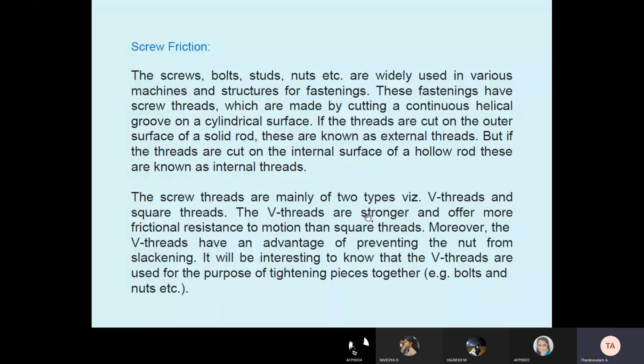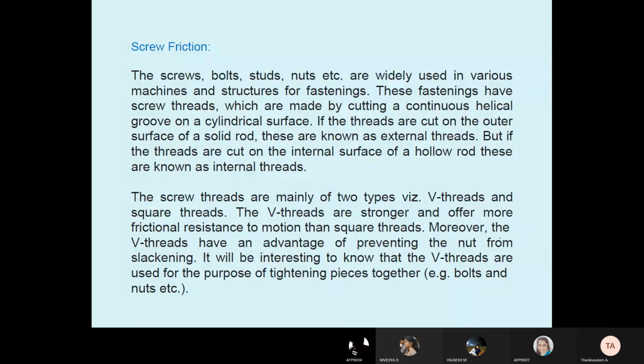The V threads are stronger and offer more friction resistance to motion than square threads. Moreover, the V threads have an advantage of preventing the nut from loosening. So generally we are using V threads for the screw jack because V threads give stronger and more friction resistance.